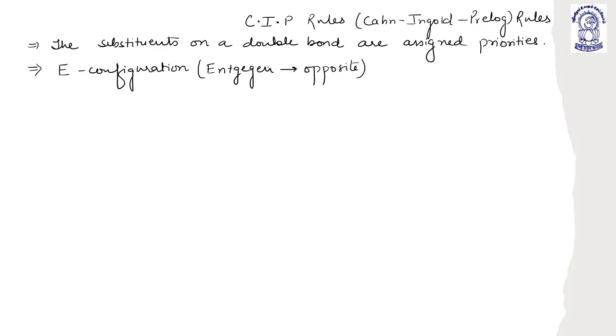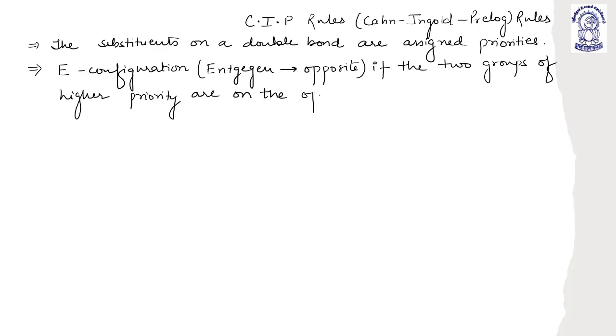If the two groups of higher priority are on the opposite sides of the double bond, then it is the E configuration.